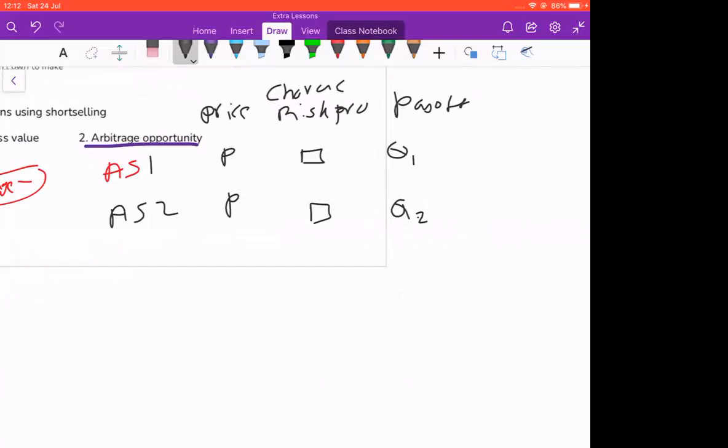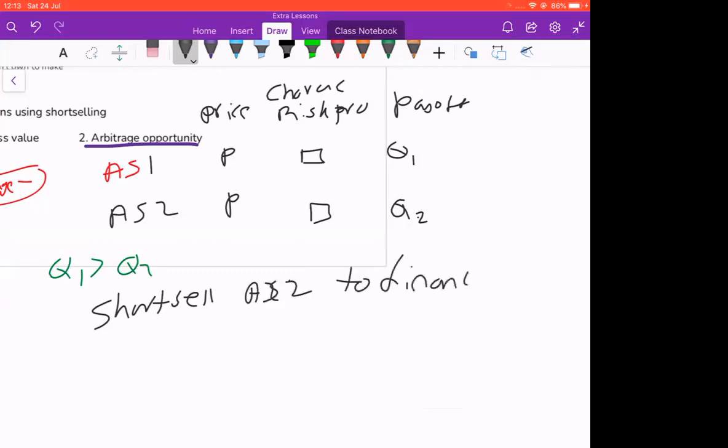It will depend. Let's say Q1 is greater than Q2, right? If this is the case, you are going to short sell asset 2 to finance asset 1.